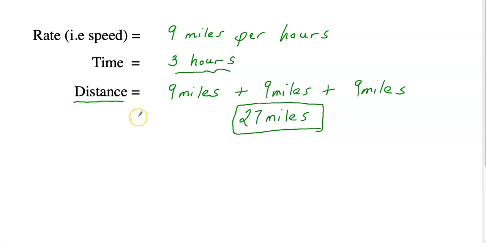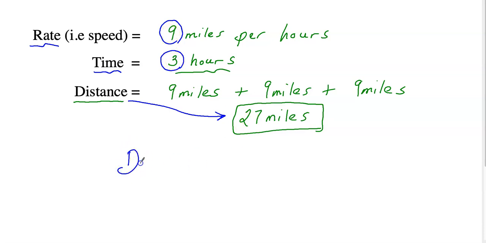Well, hopefully you can see there's an easier way to do this instead of repeated addition. You can simply take the rate, which is 9, and multiply it by the time, which is 3. And when I take the rate times the time, I will get the distance, because 9 times 3 is 27. And that's where this formula comes from.